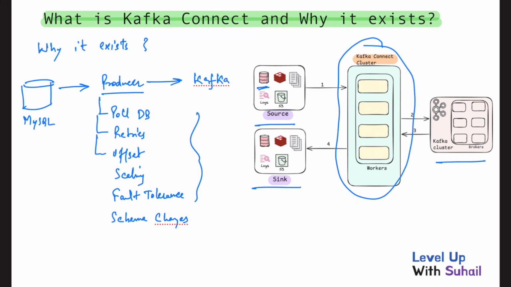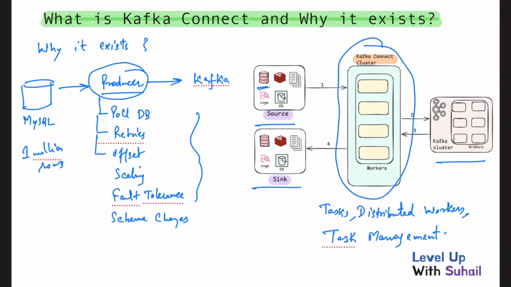Without Kafka Connect, you have to handle scalability. The producer application which is continuously reading the database is a single instance. What if the database has 1 million rows? Your traffic increases. Now this producer has to manage partitions, parallel workers, and a lot of other stuff. Kafka Connect solves all of this using tasks, distributed workers, and automatic rebalancing, which I'll be talking about in some time.